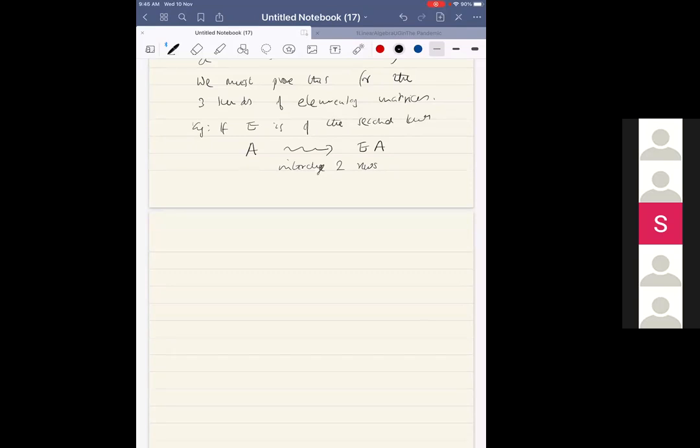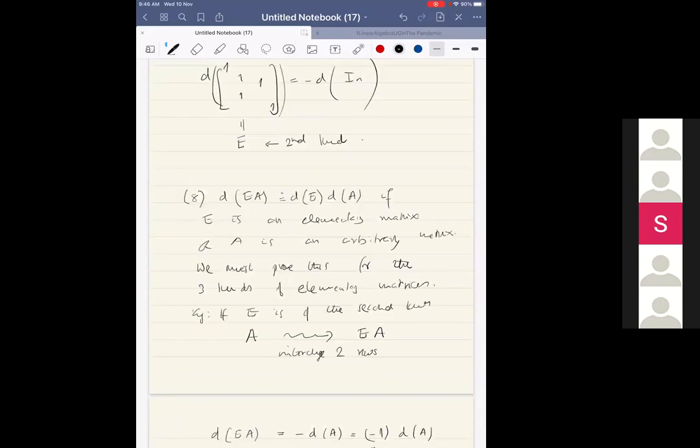Which rows get interchanged depends on the elementary matrix. But therefore, D of EA equals, well, we already proved that if two rows of a matrix are interchanged, then the value of D changes sign. That's one of the things that we skipped the proof of. So this is minus D of A, but minus 1 times D of A, this is D of E if E is an elementary matrix of the second kind. So we have proved this.